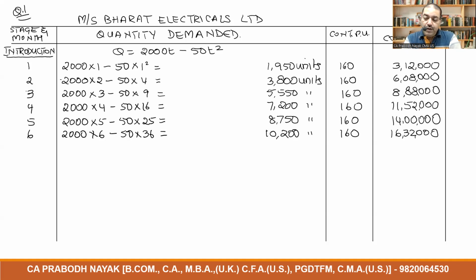Now the stage comes to an end. Which stage? Introduction stage comes to an end. So I will calculate what is the total contribution at this level. So take this total here.